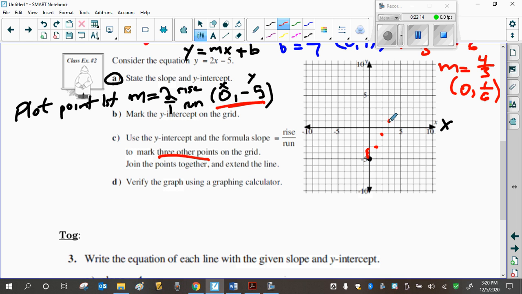There's my third point. It might be even easier to write the points down before we join the line, because it does say we have to join the line, so don't forget that easy part. So I've got this first red point as 1, -3.